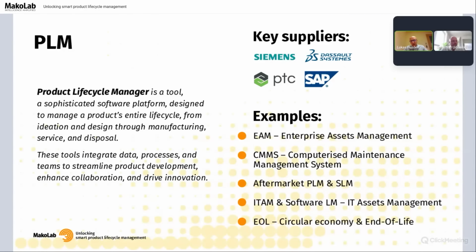And to do that, some big players, as you can see here on the screen, like Siemens or Dassault or SAP, decided to build dedicated applications. Examples of that you can find in asset management or computerized maintenance, but also some non-physical objects like IT assets management, licenses or services, software as well.